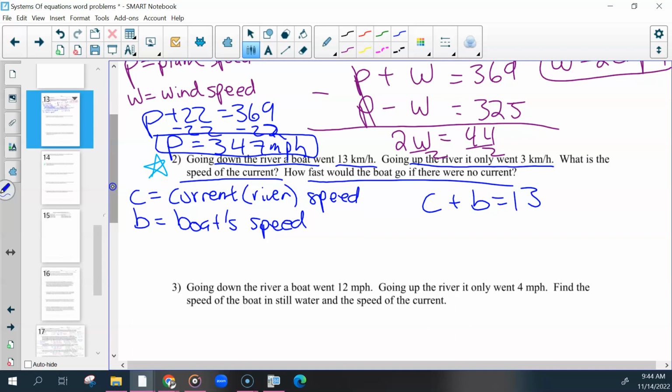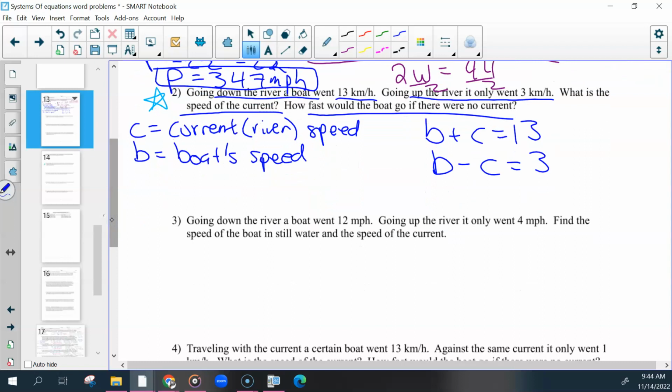C minus B equals 3. Okay, so this is really confusing. Are we subtracting the boat speed to get this, or are we subtracting the river speed to get that? The river speed. So be careful how you write this. This should really be B minus C equals 3. If you want these to line up, you can change the order. The adding you can write in whichever way, but the subtracting you can only write one way. If you switch them, your full answer becomes wrong.